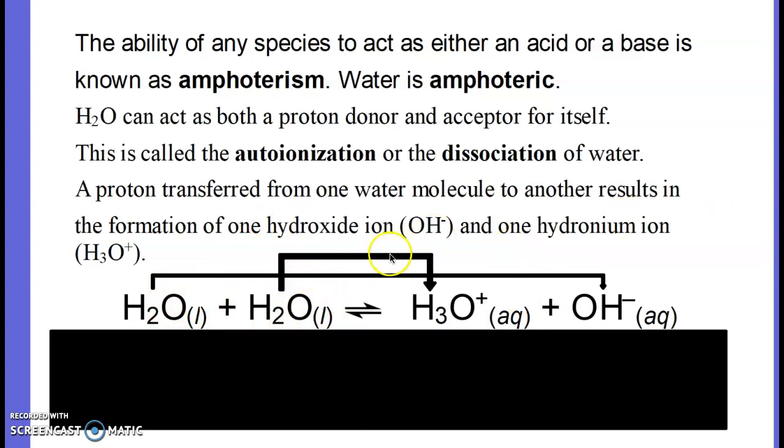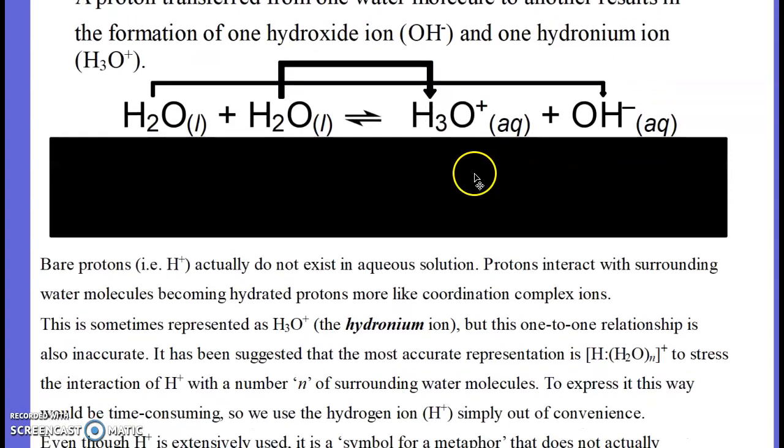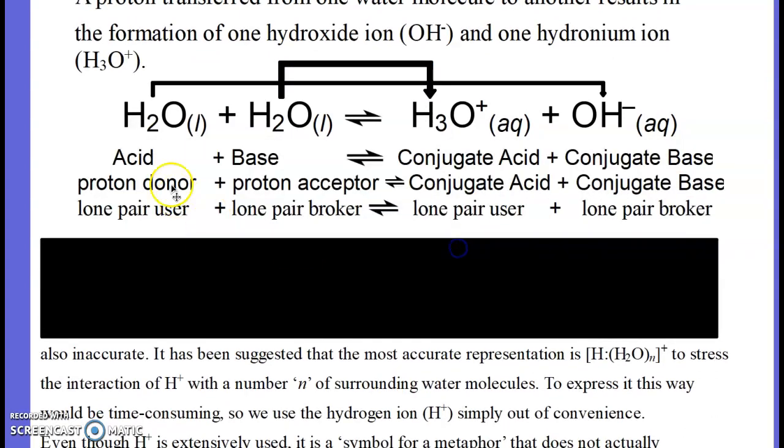It actually dissociates in itself, making an H3O plus and an OH minus. Water actually ionizes in itself. So it can act as an acid, as a base, conjugate acid and base, H3O plus, OH minus. It can use a lone pair or give a lone pair. It is amphoteric. It is both an acid and a base at the same time.